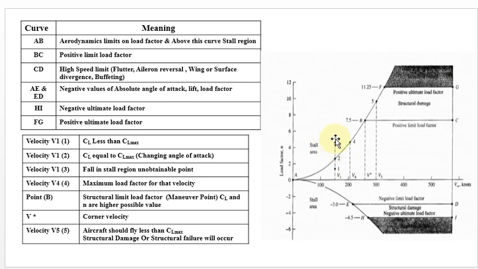Maybe theoretically it may be possible, but the stall has already occurred for that velocity. Once the stall occurs, flow separation occurs and the drag increases. So it is only theoretically possible, practically not possible.